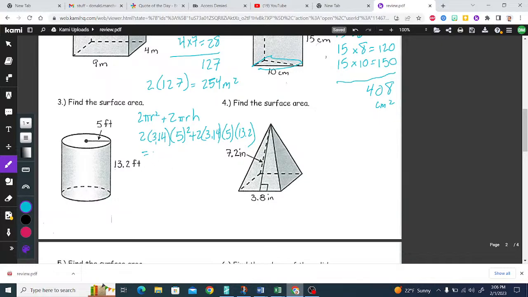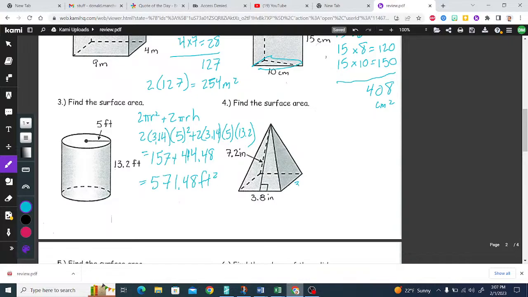That gives us 157, plus 2 times 3.14 times 5 times 13.2. That gives us 414.48. And then we add plus 157. That gives us 571.48 feet squared.